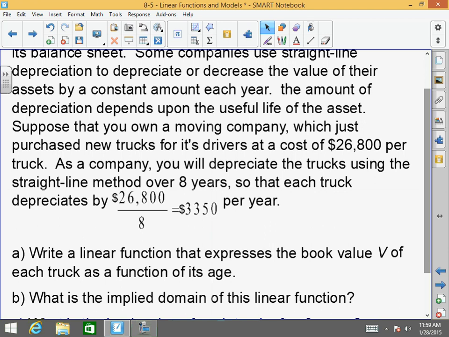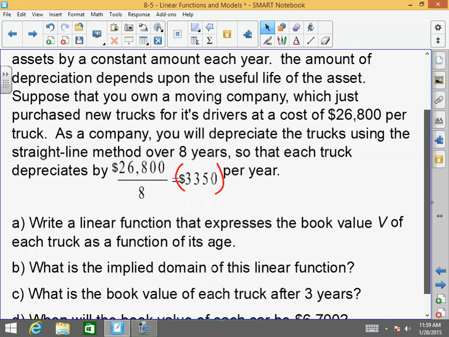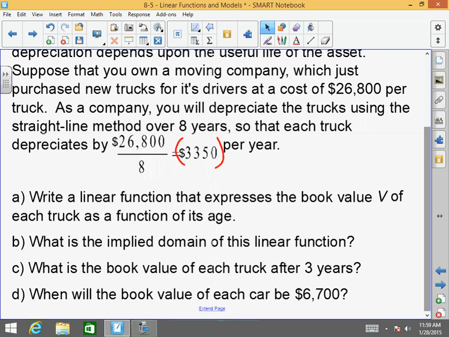A lot of wear and tear. That means that the value of your truck goes down by $3,350 every single year. At the end of those 8 years, your truck is pretty much worth nothing. If you can still use it, great, you're ahead of the game. But if not, it's useless already.